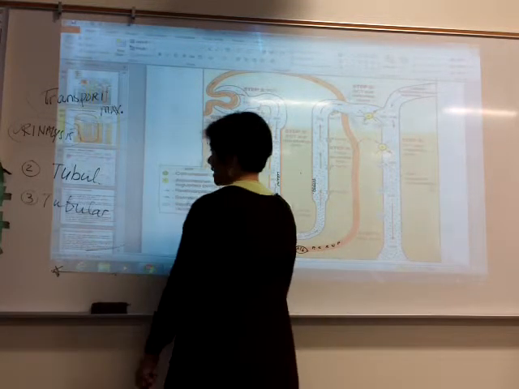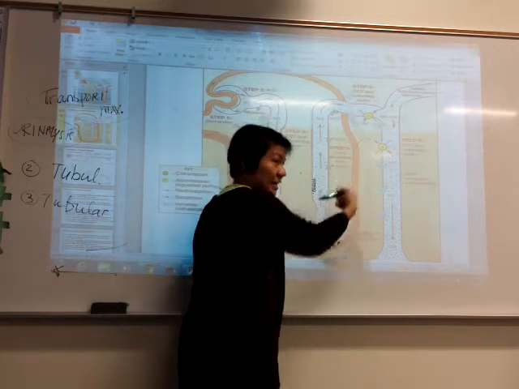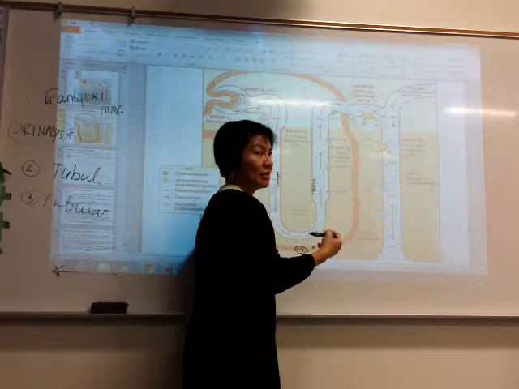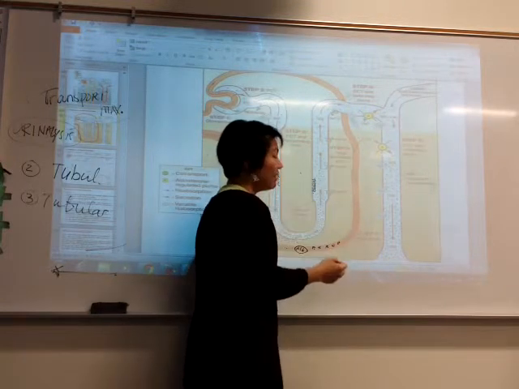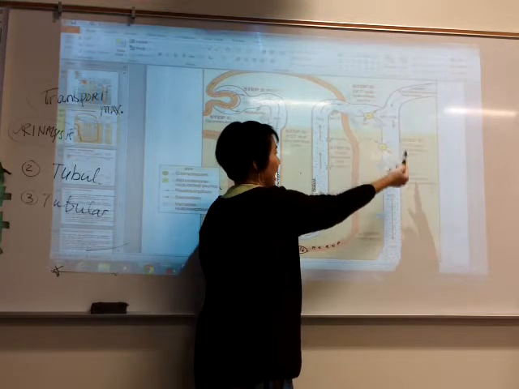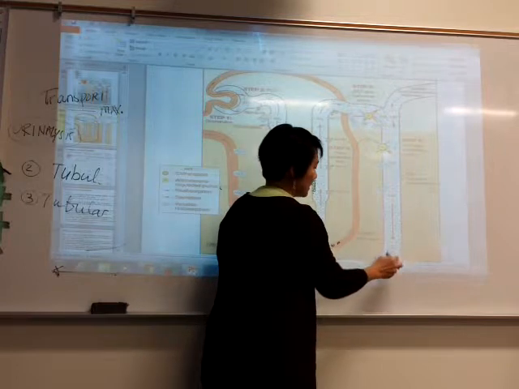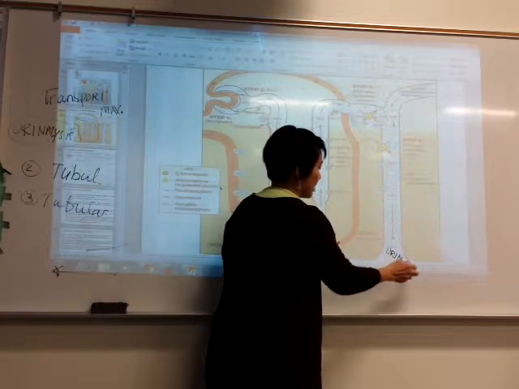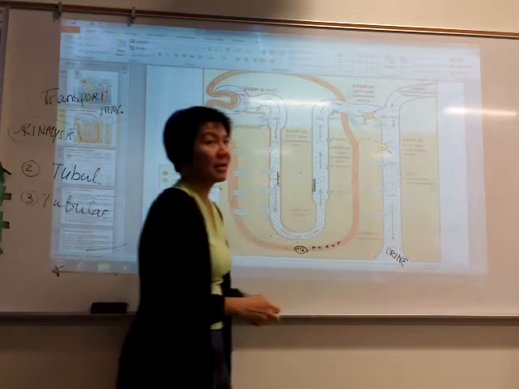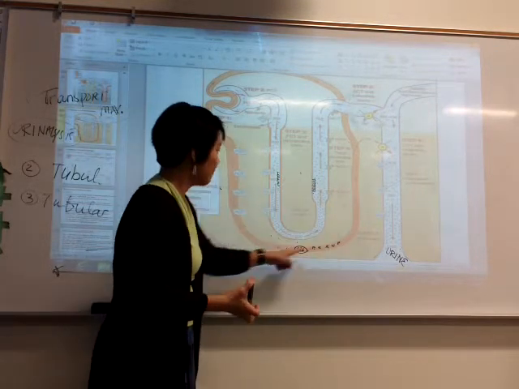So the third part of formation of urine is called tubular secretion. I finally want to secrete everything that I want to get rid of, tubular secretion. And when you get to this part, which is your pelvis, it now becomes urine. So everything I have reabsorbed.